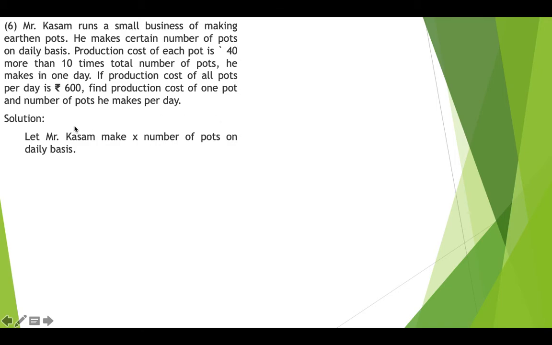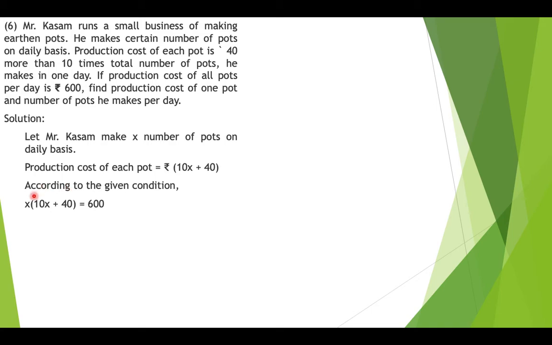So let us assume, let Mr. Kasam make x number of pots on a daily basis. If he is making x number of pots on a daily basis, the production cost of each pot will be, according to the condition, 10 times the number of pots plus 40, that is 10x plus 40 rupees. So 40 more than 10 times the number of pots in one day.